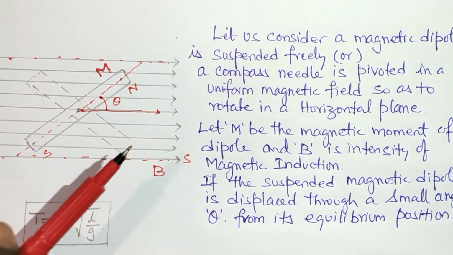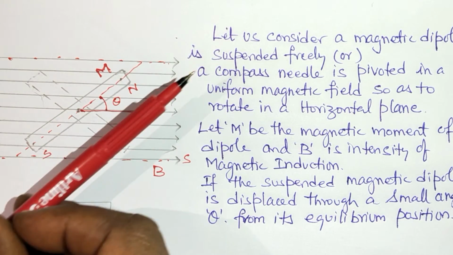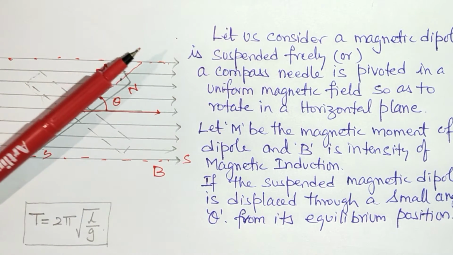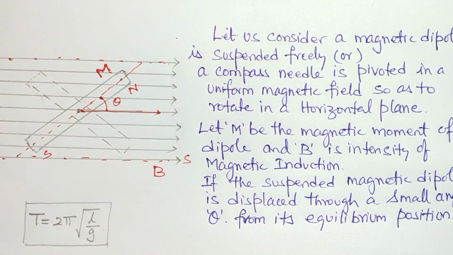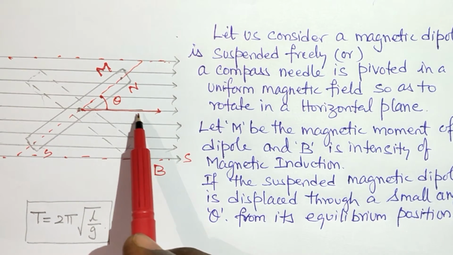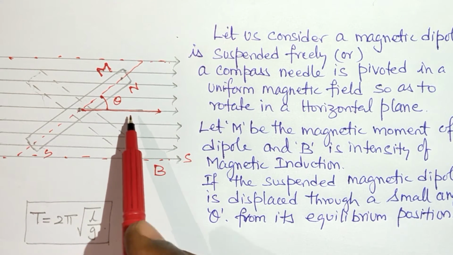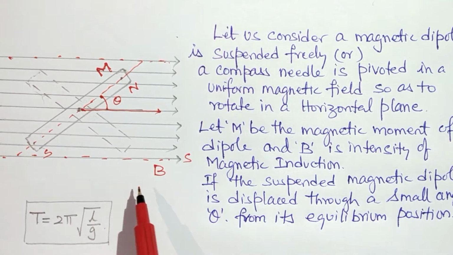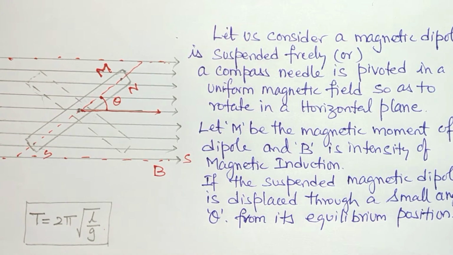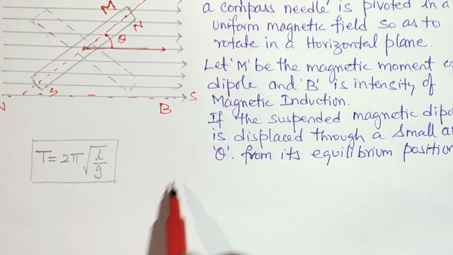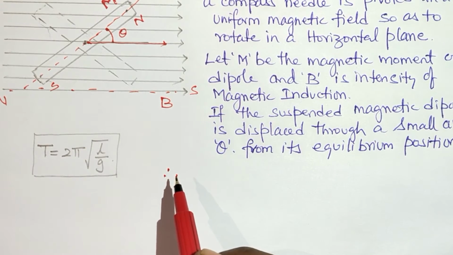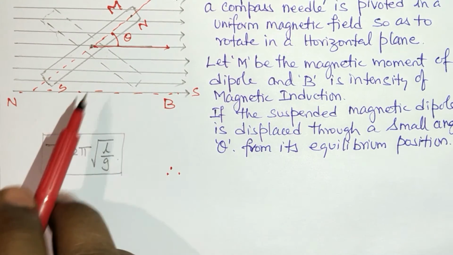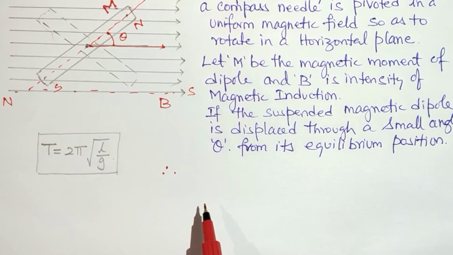So we have placed a magnetic compass in a uniform magnetic field. It is oscillating over a mean position because it has gained some momentum. When it has gained some momentum, it will not stop at the mean position, so it starts oscillating. Therefore, it has now experienced a torque.